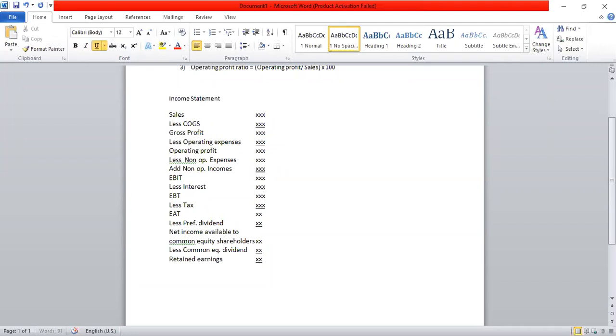From EBT, tax is paid, giving EAT, earnings after tax. Then preference dividend is deducted, and the resultant figure is net income available to common equity shareholders. From that, equity dividend is deducted, and the resultant figure is retained earnings. We'll come back to the word file in a minute.